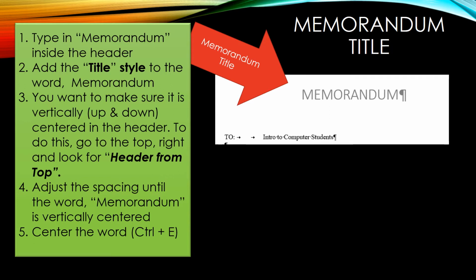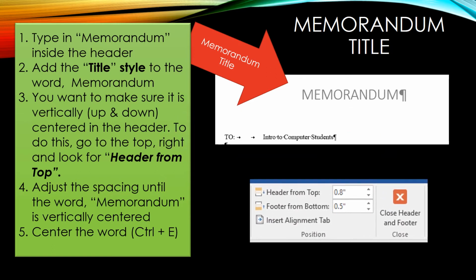To do this, go to the top right corner and look for header from top, and you can do an adjustment just clicking on the drop down arrows or the up arrows to get that centered. Once it looks like it's centered up and down, then you need to center the word horizontally, that would be left to right, by using the Control E shortcut.